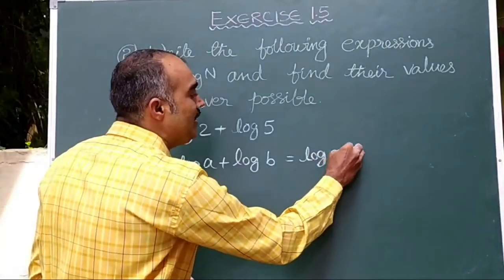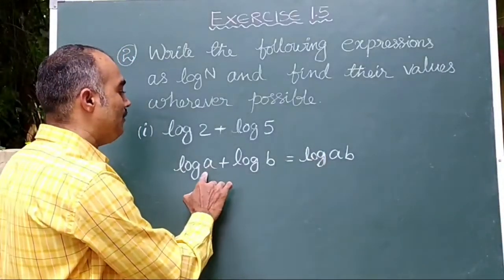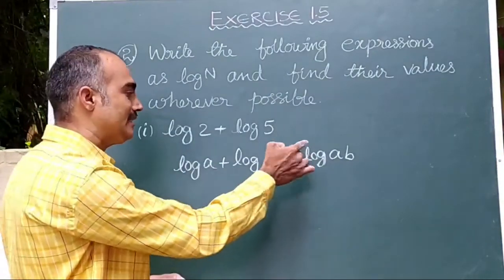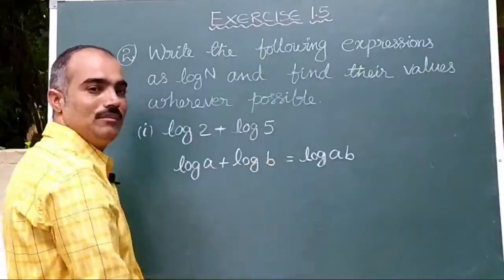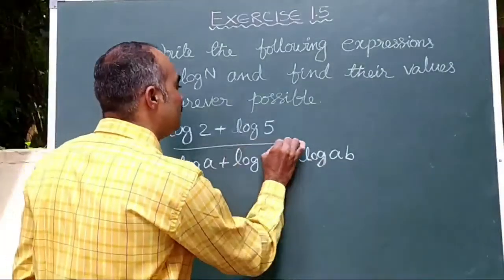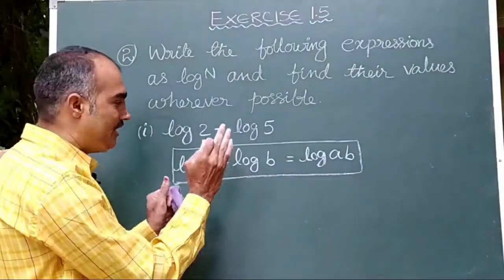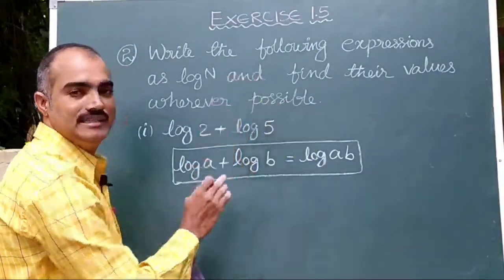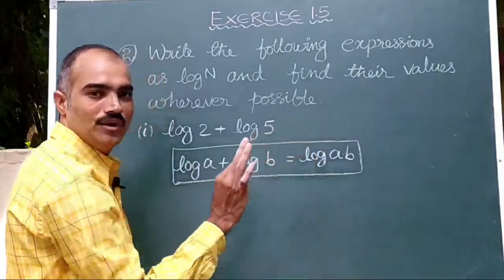It is A into B. Observe here, children, in logarithm the summation of logarithms can be written as a single logarithm with their product, that is, with their multiplication. So this formula you have to remember, or you just observe, it is very easy and simple. Whenever plus is there, you need to do into.